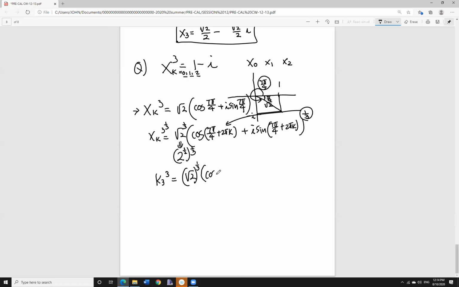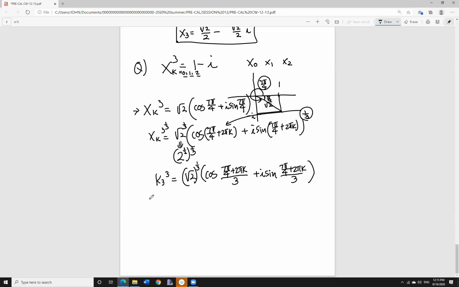What is that? Cosine of (7 pi over 4 plus 2 pi k) over 3, plus i sine of (7 pi over 4 plus 2 pi k) over 3. That's it. Now let's find the starting angle.